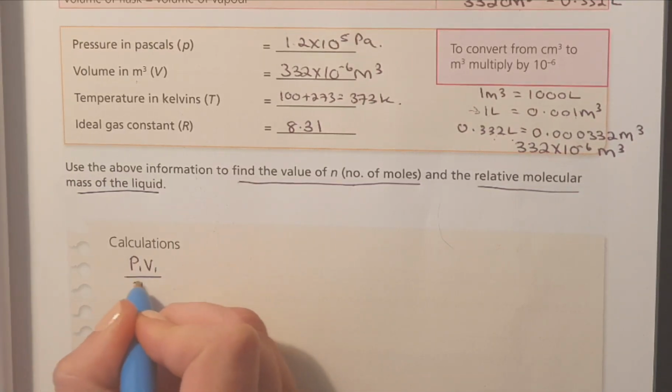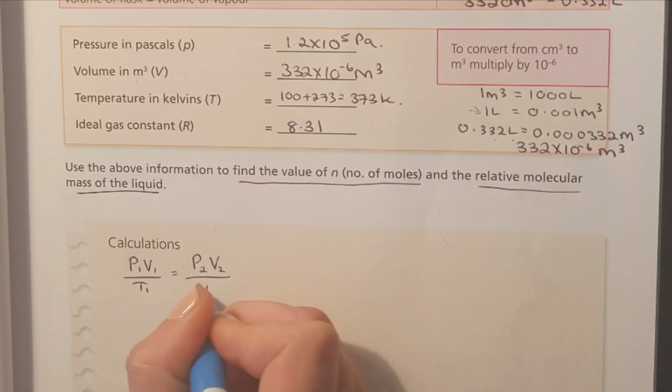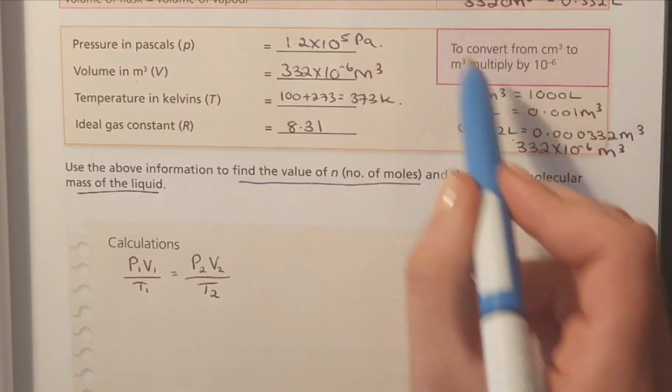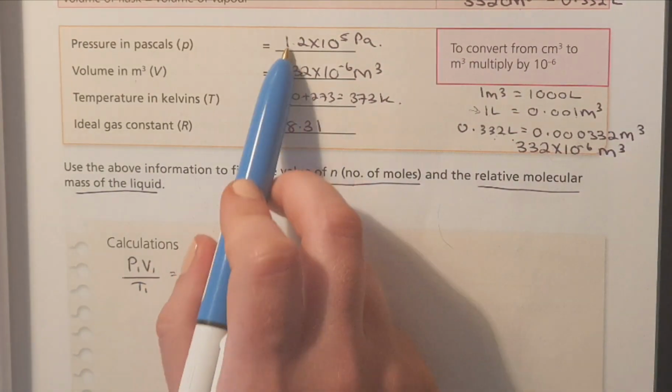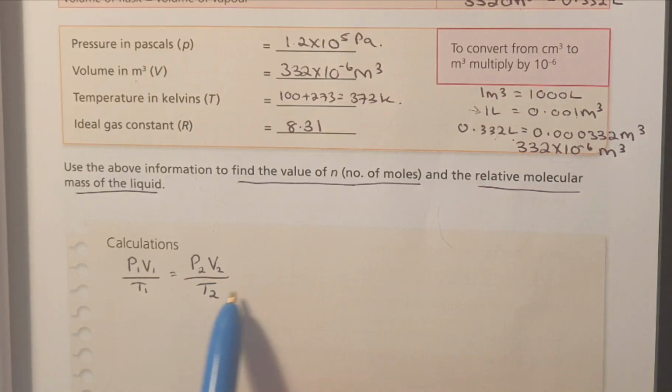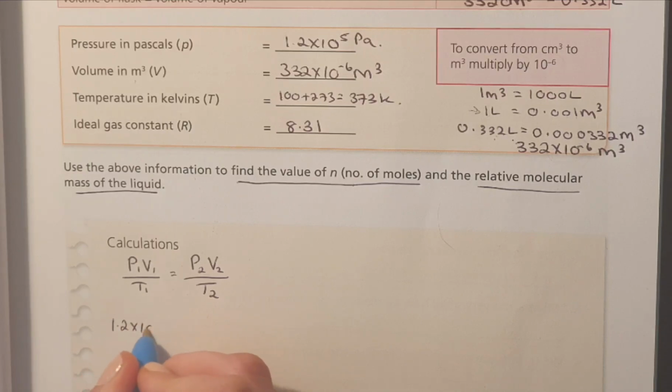And we can do that by comparing the current situation here of the gas with this pressure, volume, and temperature that we have against the standard temperature and pressure. So we'll fill this in with the numbers that we have.